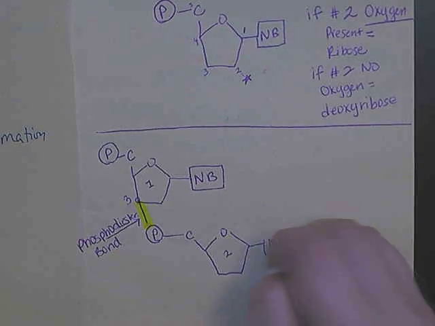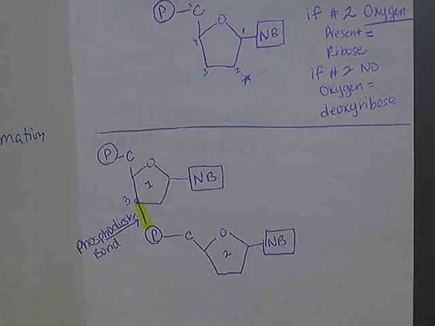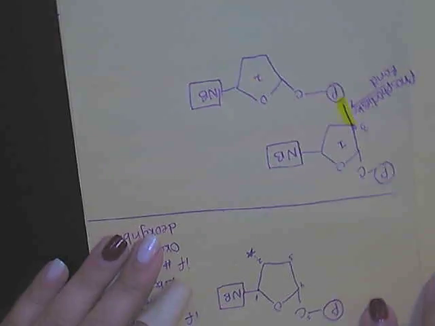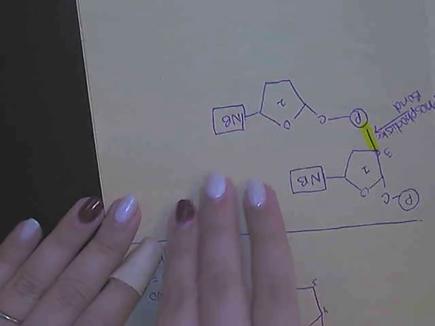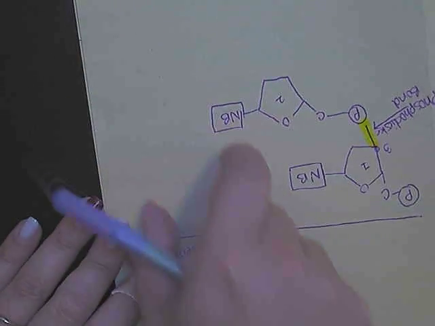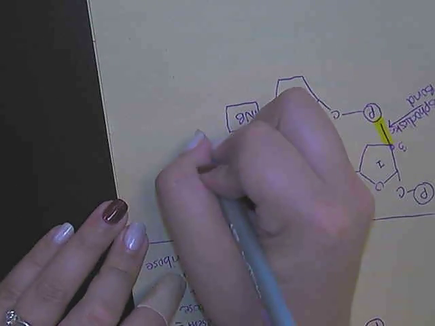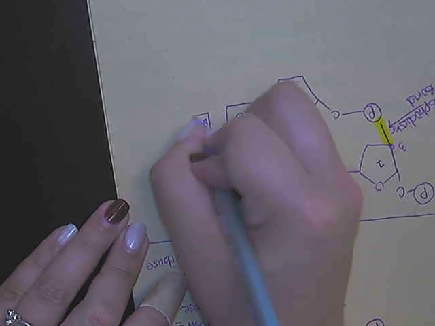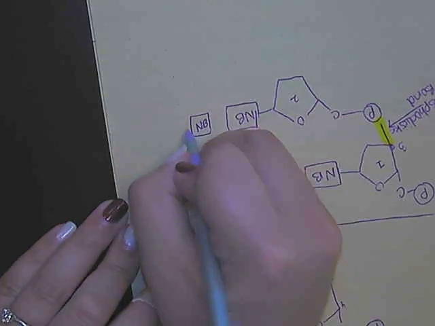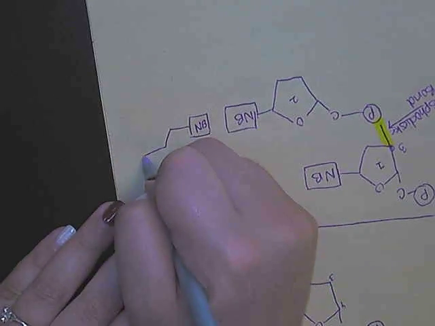Okay, so to draw my DNA strand and to get the nitrogenous bases to fit correctly, one strand runs anti-parallel to the other. And what that means is I'm going to take my sheet and turn it upside down. When I draw my next strand of DNA, it's going to be upside down with respect to the other one. So here's a nitrogenous base of the first nucleotide of this strand.